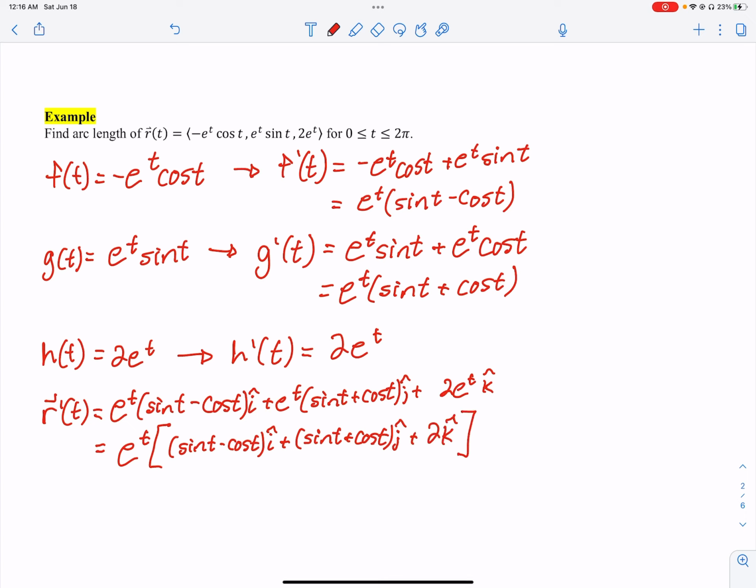When this goes into the magnitude, think about the product for a minute with the squaring of everything. That e to the t is going to be squared and then square rooted, and I can separate it from the rest since it's being multiplied. So for my magnitude, I can just pull this e to the t out front and then put the rest of this inside.